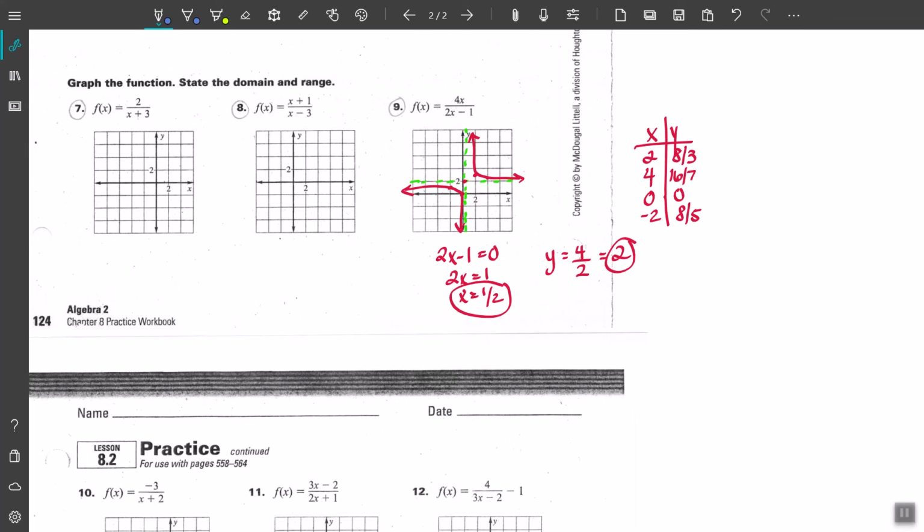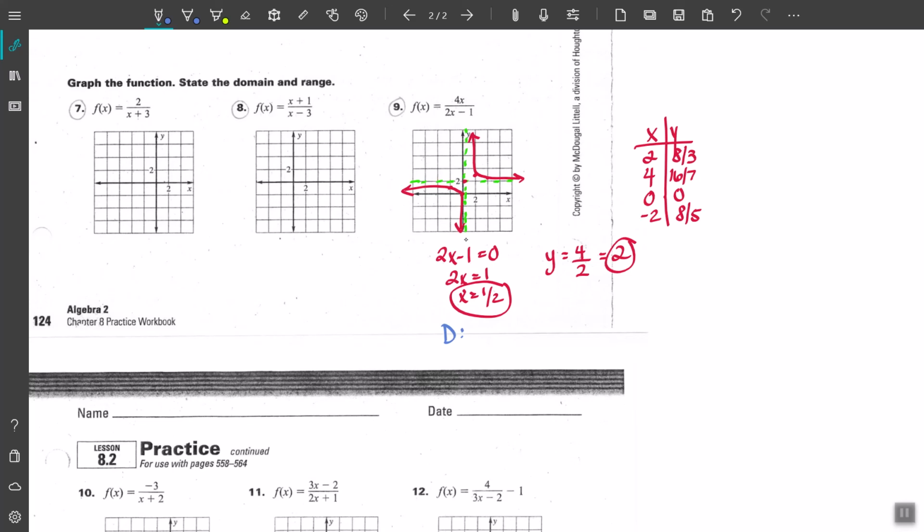Now, one other thing we need to talk about before I erase this graph right here is domain and range. And the domain and range on these are pretty straightforward. For our domain, we have an asymptote here at x = 1/2. We know that we can't touch it or cross it.